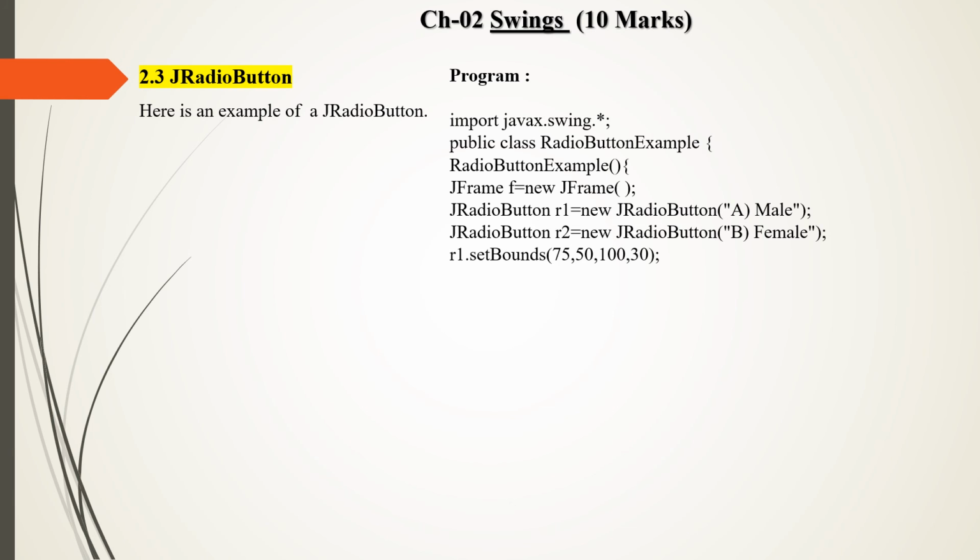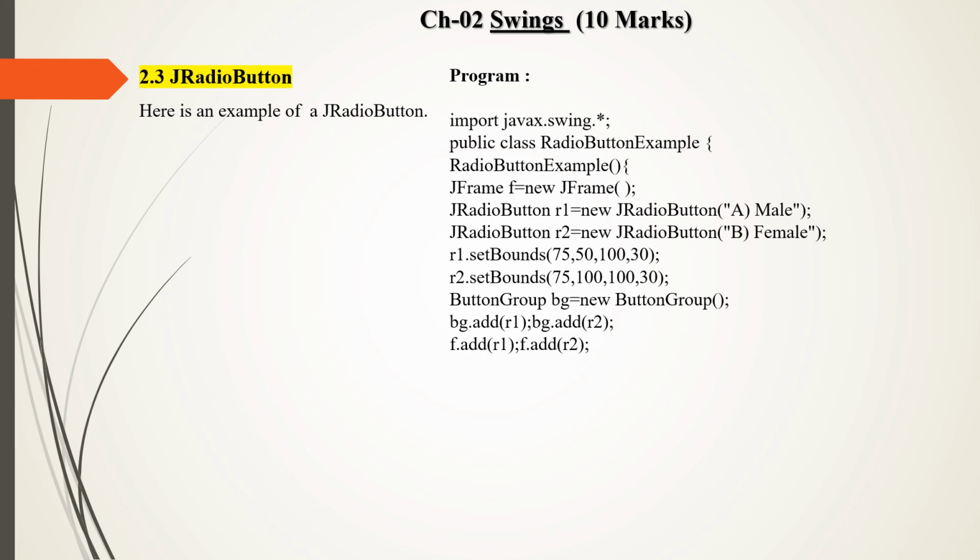Then we set the size of the first radio button by the method setBounds, and similarly we set the size of the second radio button by the same method. Then we create one object of ButtonGroup. ButtonGroup is another class in Swing, and we can add both radio buttons in that group. To add the radio button in the group, we write bg.add(r1), where bg is the object of ButtonGroup, and similarly we add the second button in that group.